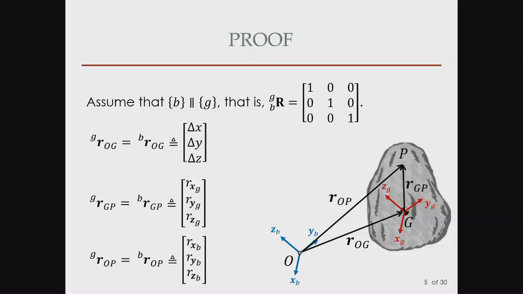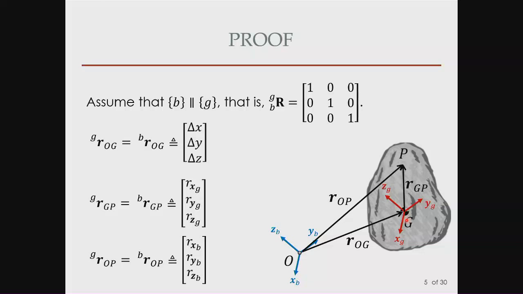I'll let you have a look at it. Our ROG is this vector that we found. Our GP is the vector with these components, Rx, Ry, Rz.